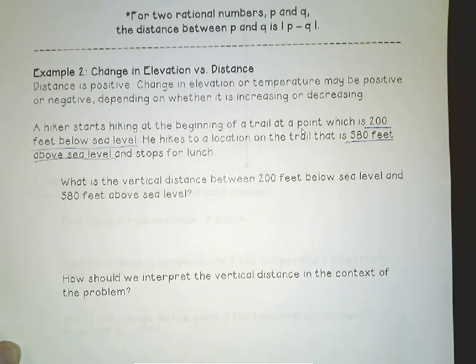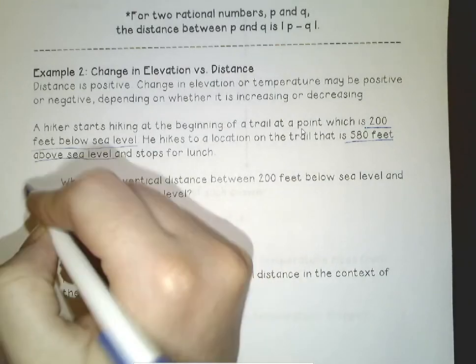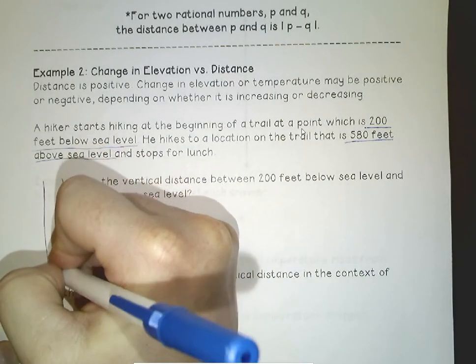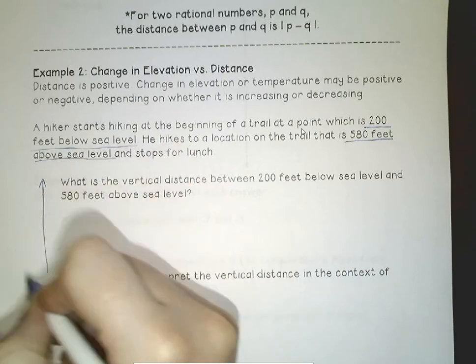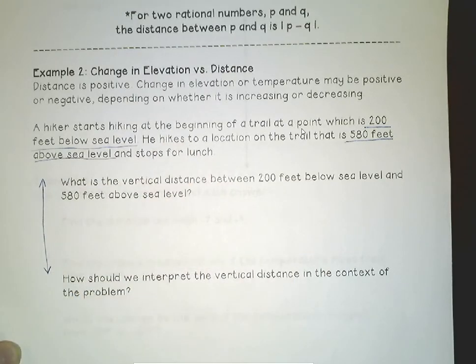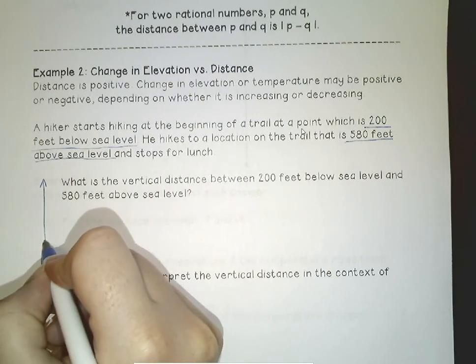Okay, so now we need to find that distance between these 2 points. Again, we can draw the number line. And that number line is going to be very, very long because these numbers are pretty high. I just want to show you how it's going to look.